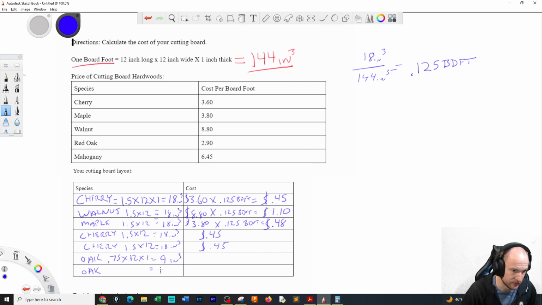And it would be the same over here. Now that requires we recalculate how many board feet 9 inches cubed is.